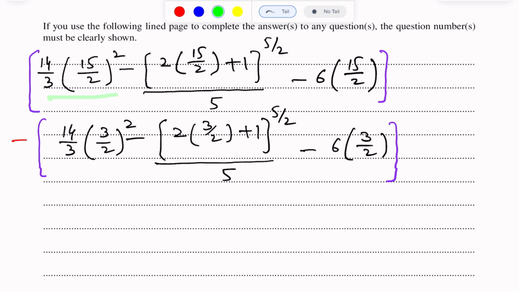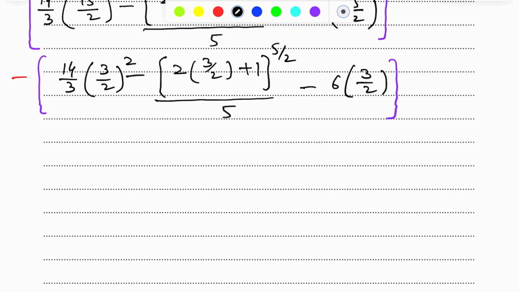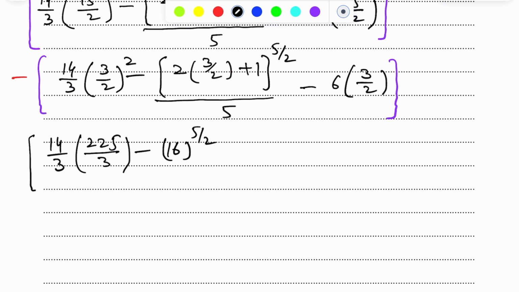Simplifying it first, it becomes 14 over 3 into 225 over 3 minus 16 to the power 5 over 2 divided by 5, minus 45.